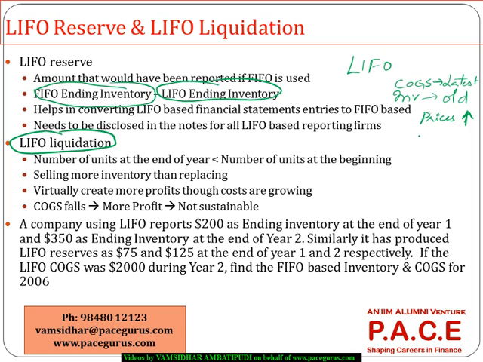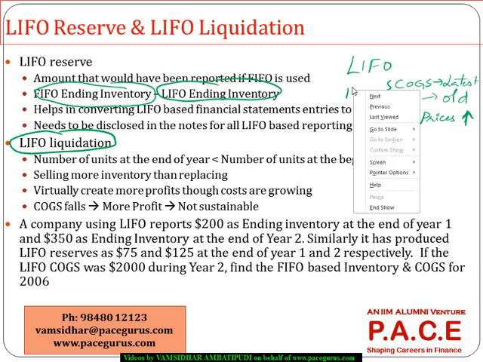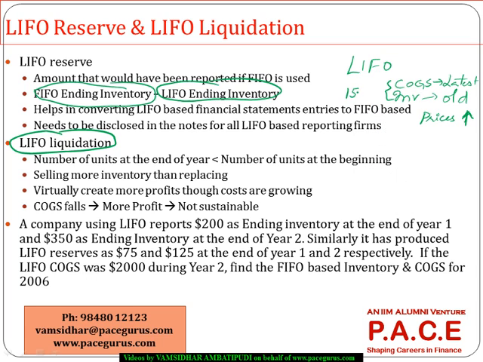Any latest produced item, any latest purchased item will go as a part of cost of goods sold, logically speaking. Now let's say by this time the company has accumulated some 150 items at the rate of $10 per unit, showing its beginning inventory is $1,500.